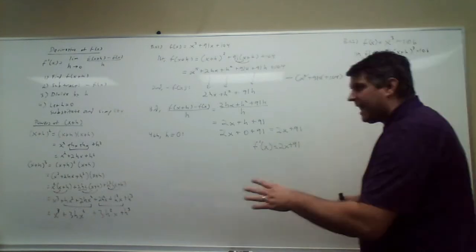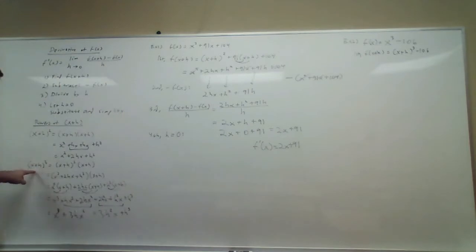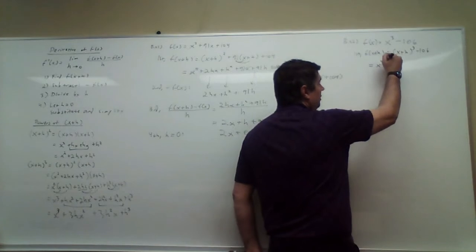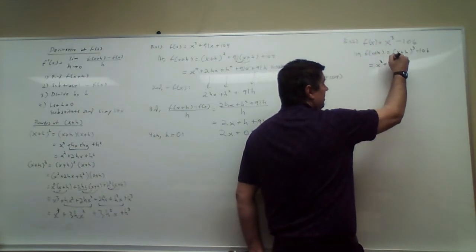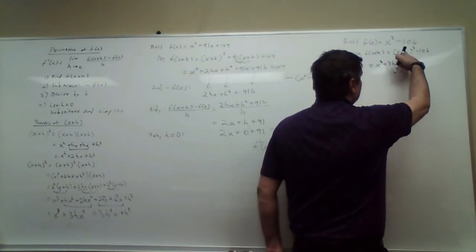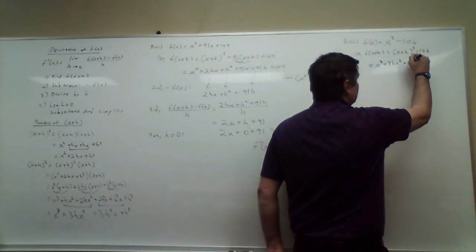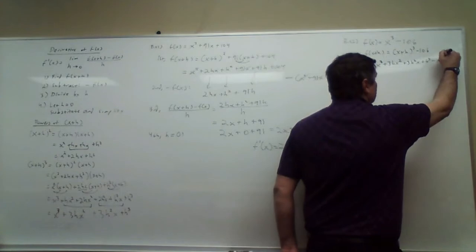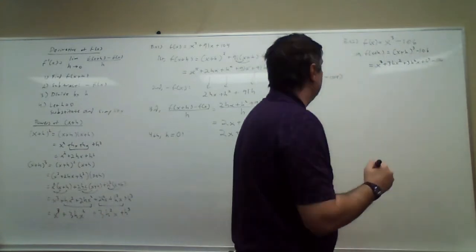And we recently had this discussion over what x plus h cubed is. So I will go ahead and write down x cubed plus 3hx squared plus 3h squared x plus h cubed minus 106.